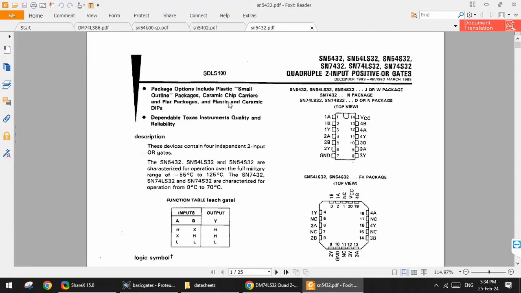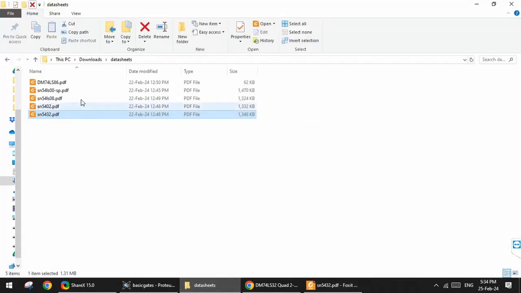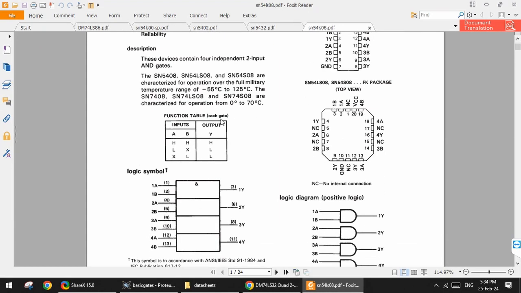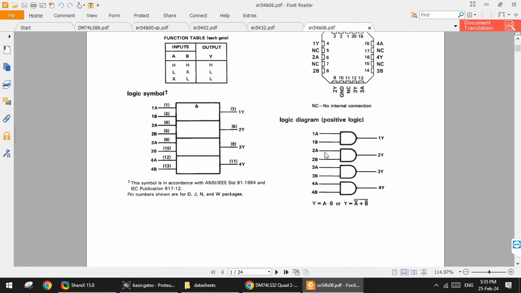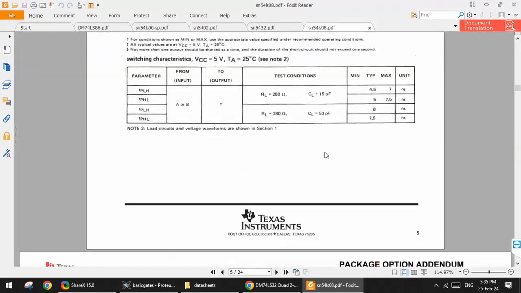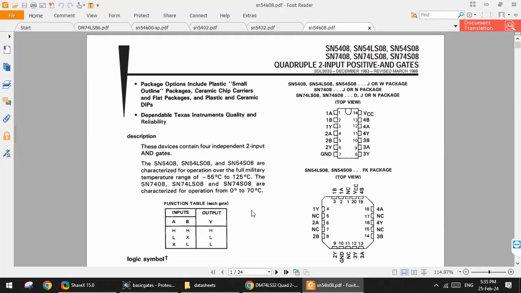Let's open the last data sheet we have. I think we missed one. Which one? 08. Yes, so we have all the data sheets open now, and we can see their function tables, their logic symbols, logic diagrams, the function they are implementing. Mostly we are interested in this information as long as we want to simulate.